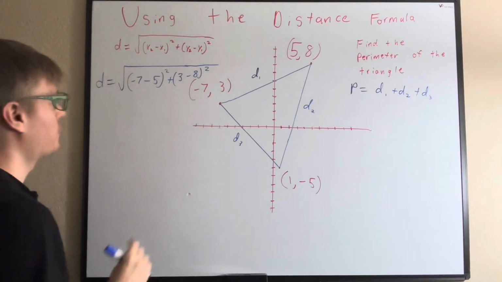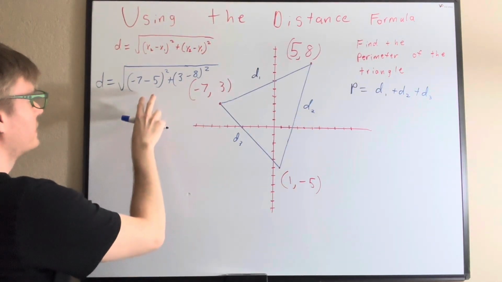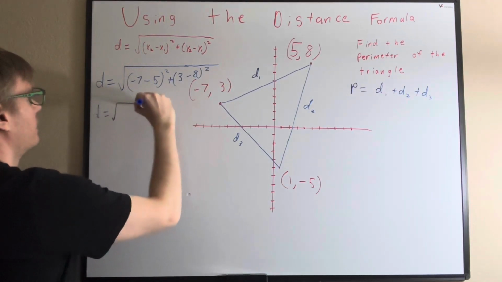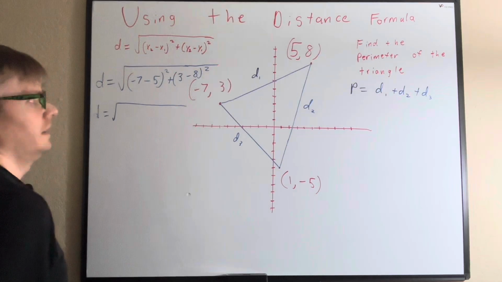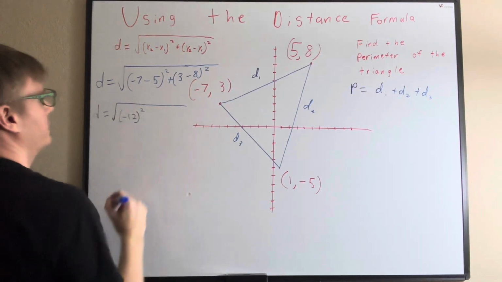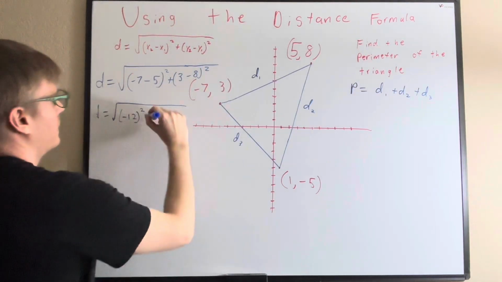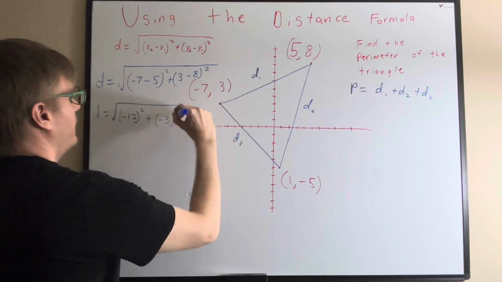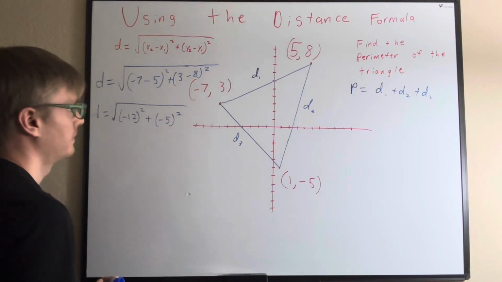All right, order of operations, parentheses first. -7 minus 5 is -12, quantity squared. 3 minus 8 is -5, quantity squared.